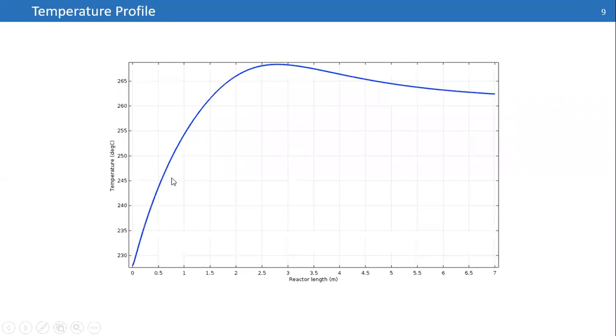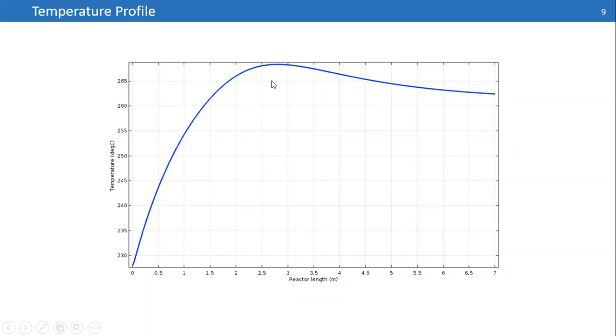Here is the temperature profile in a methanol reactor. There is a peak here. It's a very good point. The reason we have this type of temperature profile along the methanol reactor is that we have an exothermic reaction, and at a specific length of our reactor, we reach the maximum rate of reaction and maximum heat generation.